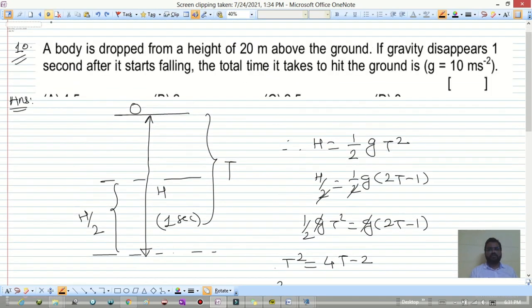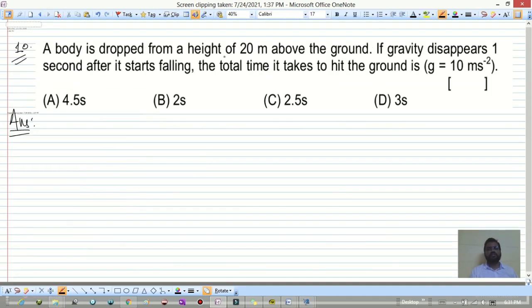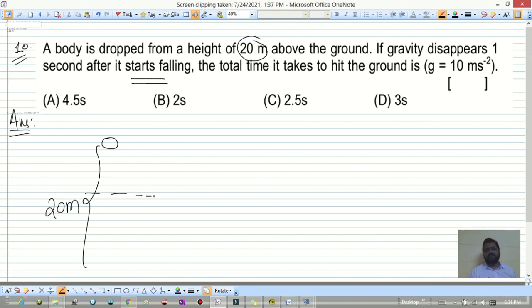Now the last question we have. A body is dropped from a height of 20 meter above the ground. If gravity disappears 1 second after it starts falling, find the time taken by it to hit the ground. Okay, so one body is given which is dropped from a height of 20 meter. Gravity disappears after 1 second.